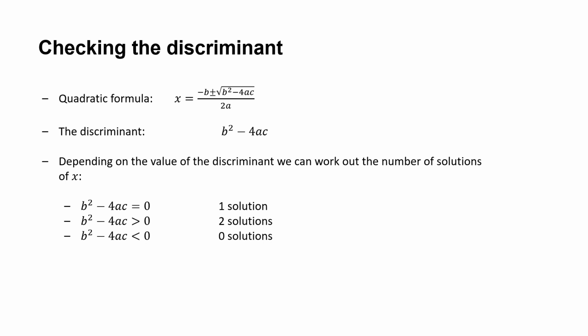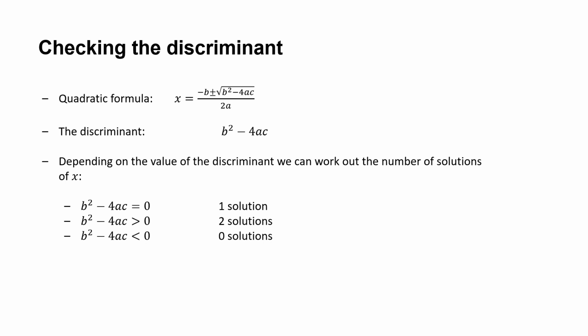So if we have that b squared minus 4 times a times c is equal to 0, then the square root of 0 is 0. And in this case, usually we'd have minus b plus or minus something, but in this case, minus b plus or minus 0 gives the same whether it's plus or minus.